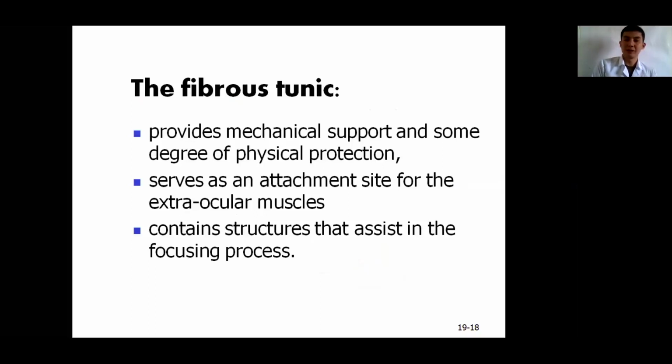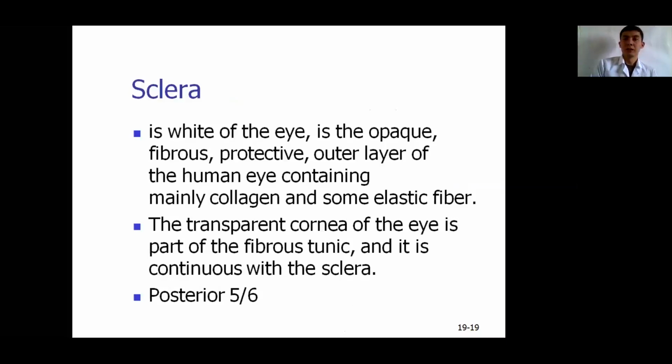It contains structures that assist in the focusing process. As you understood, the most outer layer, the fibrous tunic, is represented by the sclera and cornea. Sclera is the white of the eye. Sclera is an opaque, fibrous, protective outer layer of the human eye containing mainly collagen and some elastic fibers.